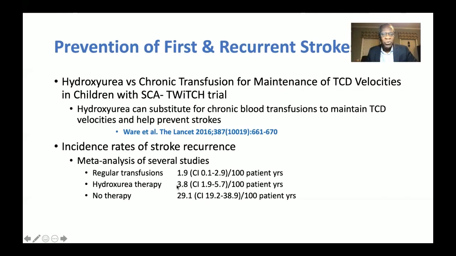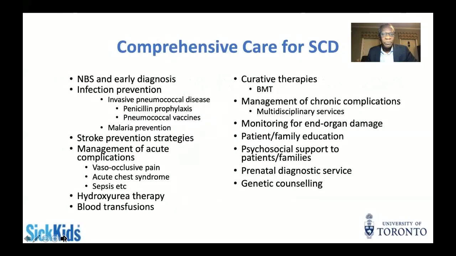Hydroxyurea performs creditably well, reducing stroke recurrence rates to 4 per 100 patient years. So in areas of the world where regular transfusions are not available, hydroxyurea therapy could be a substitute. But ultimately, no treatment is not an option. And even in regular blood transfusions, stroke recurrence can occur. And in these cases, curative therapies should be explored.